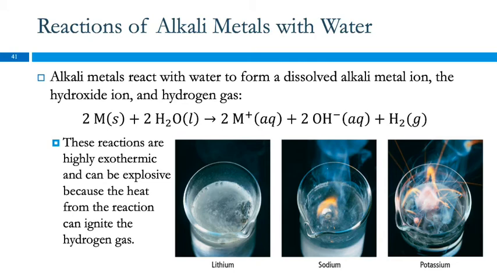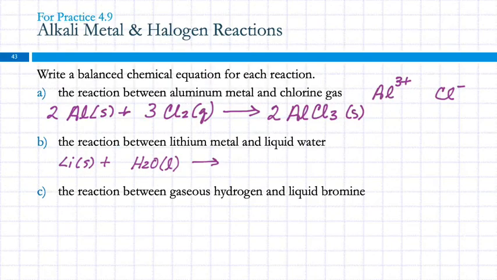What do alkali metals do with water? Well, they make metal ions and hydroxide ions and hydrogen gas. So here our metal is lithium, so that's going to be Li+, and it makes hydroxide ions, and it makes hydrogen gas.